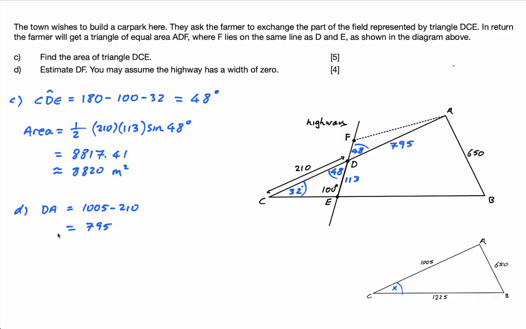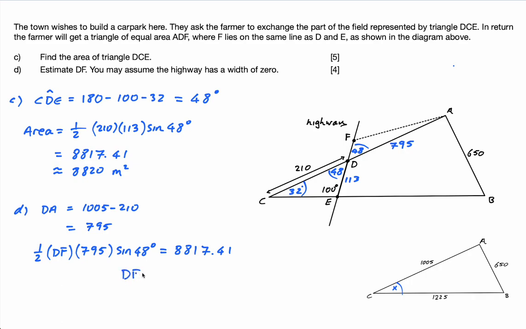So the area, which is a half DF times 795 times sine of 48 degrees, that's a half AB sine C, is equal to, now I know this area is equal to this, I'm going to use the unrounded version, 8817.41. Solve this equation.